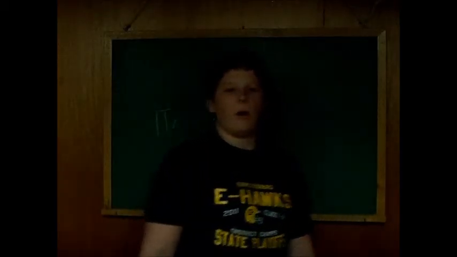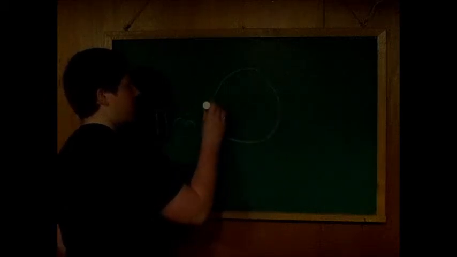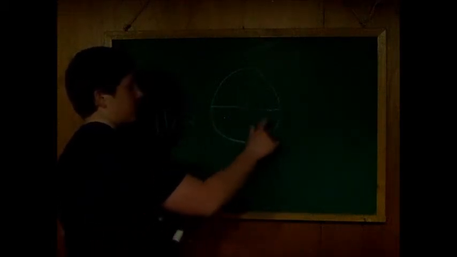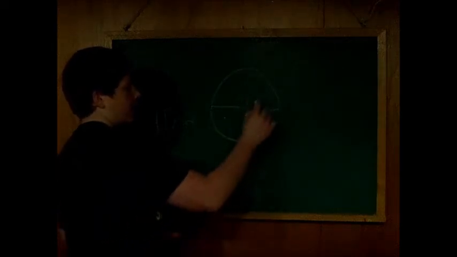If you had a problem where only the diameter was shown, and it gave you 4, then to find the radius, you would just divide the diameter by 2, so your radius would be 2.